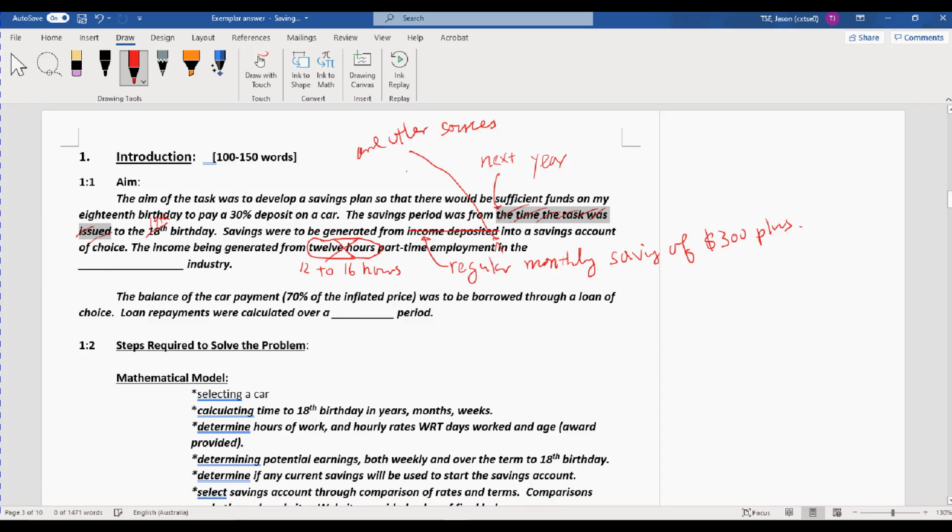If your parents sponsor you each month, that would be part of income. Some other people might have other income as well. So you need to have a different introduction here. Is that okay? You just change some of the information, and you could still use most parts of the template. In the what kind of industry, you need to look back.